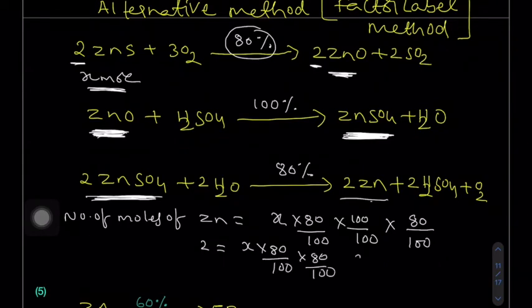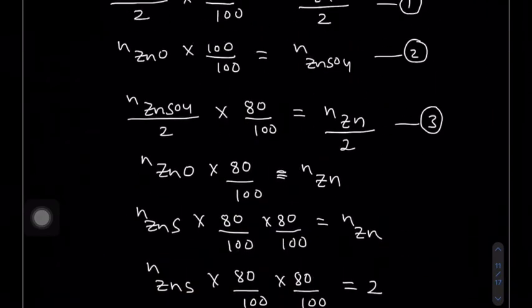From here X will be equal to 100 by 32, which is 3.125 moles of ZnS.